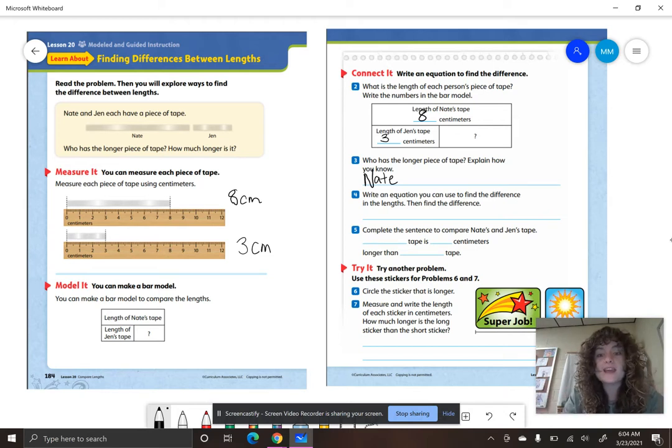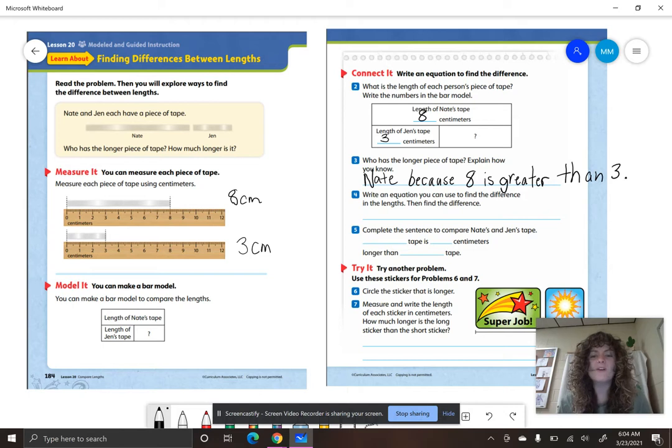So we would say Nate because 8 is more or greater. I'm going to say greater because I'm thinking about our time when we were comparing 3-digit numbers and we used the words greater than and less than. So we're going to say 8 is greater than 3.